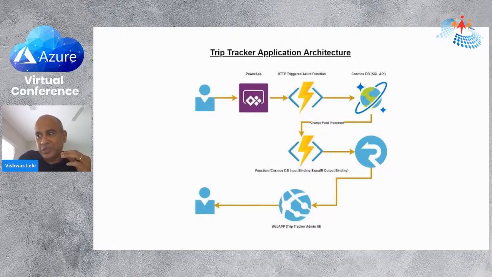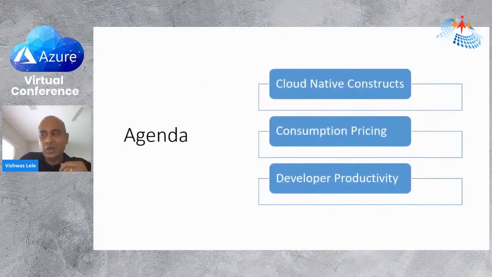And I usually like to go back to my agenda slide at the end of my session, always, because, did I hit on the points that I really had promised that I would hit on? So cloud native constructs, so serverless programming model, not having to worry about patching and underlying OS upgrades and having to worry about multi-tenancy and things like that, or writing complex auto-scaling algorithms.